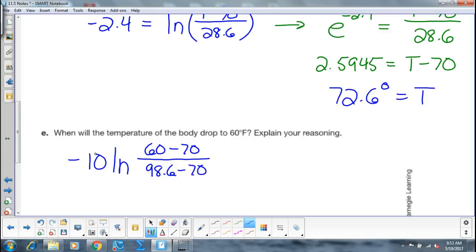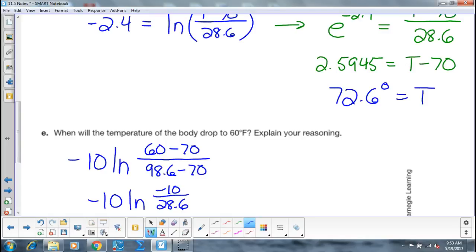Right? Yeah? So can this happen? Can the temperature drop to 60 degrees? Why not? Say it loud. The argument is negative, so it can't happen.